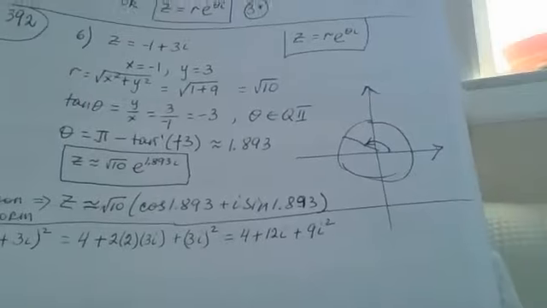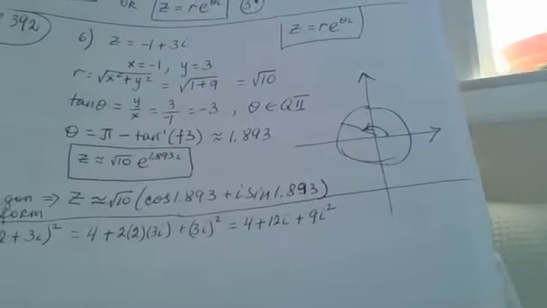3i squared is actually 9i squared. And we know that i squared is equal to -1. So it is (4 minus 9), and I'm surrounding this in parentheses, plus 12i.